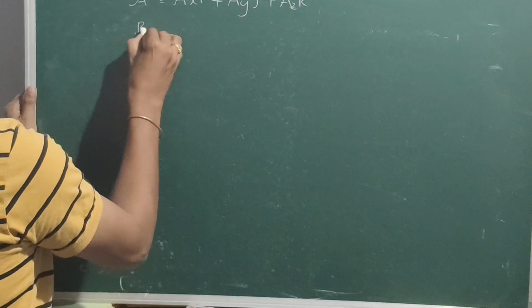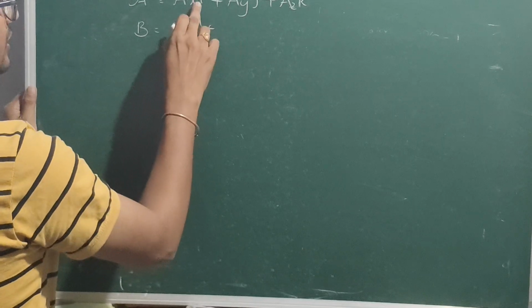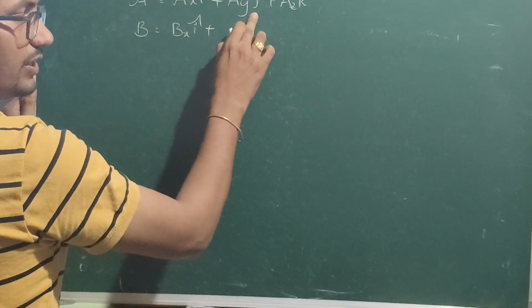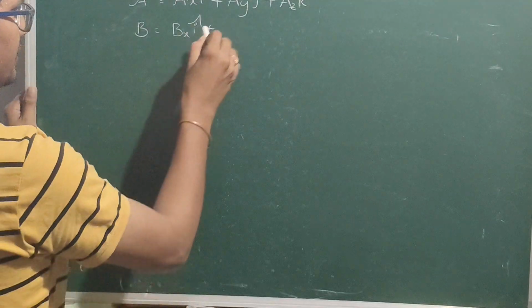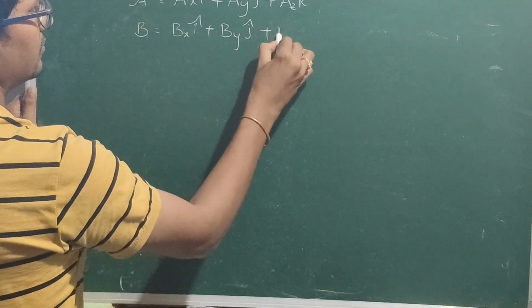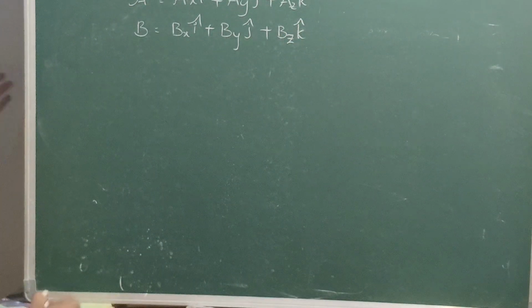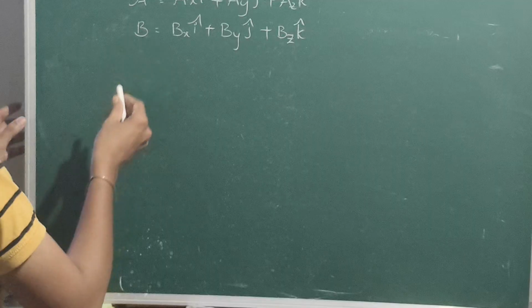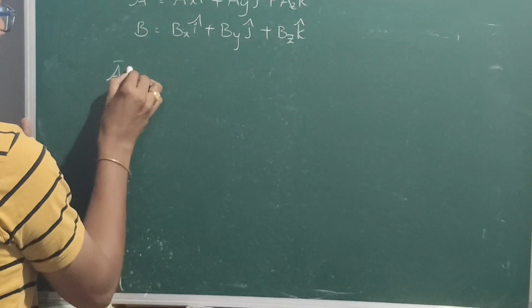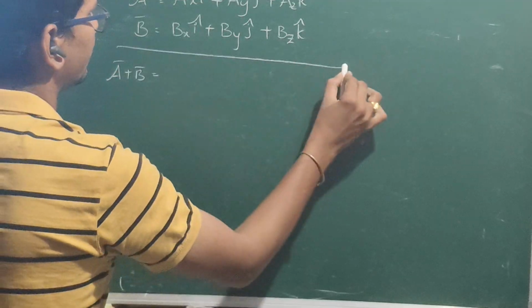Another vector b: bx i cap plus by j cap plus bz k cap. Here i cap means the x axis, j cap means the y axis, and k cap means the z axis. By adding these two vectors, a bar plus b bar, we can add here.